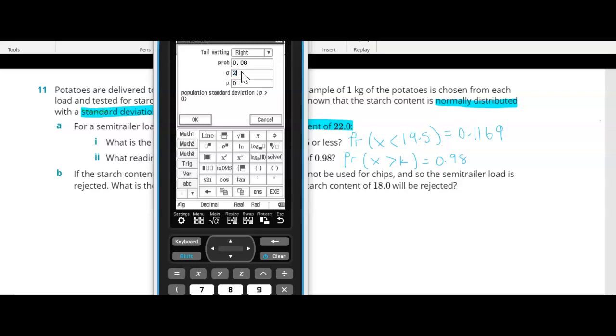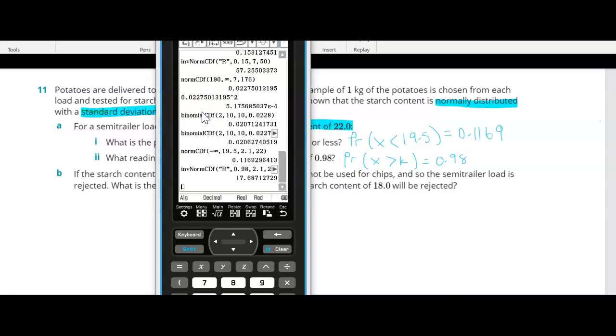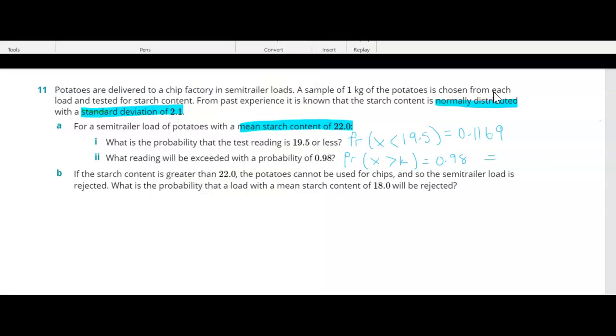Standard deviation was 2.1 from memory, and 22 for your mean. So 17.687. Sorry, should write k equals.